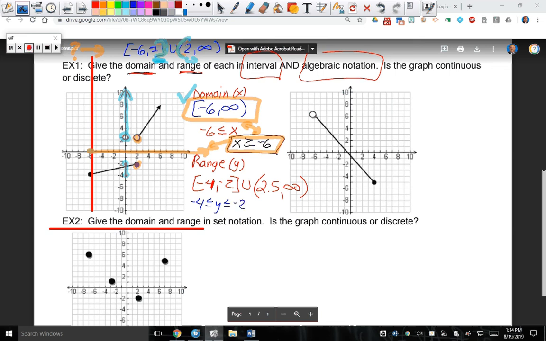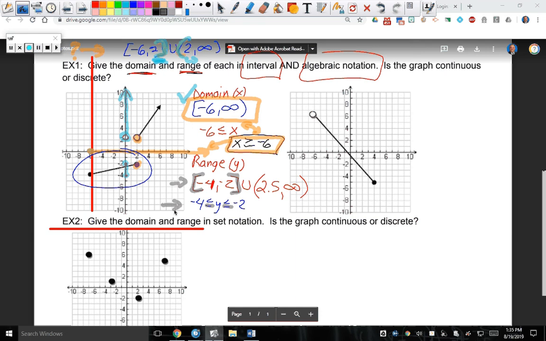So this right here, we just accounted for this small piece right here. From -4 up to -2, y's do exist. Notice how we have the equal sign because there's brackets. It means they're touching. So again, if you have these equal signs, they're going to be brackets. So that's the difference between interval notation and inequality notation or algebraic.